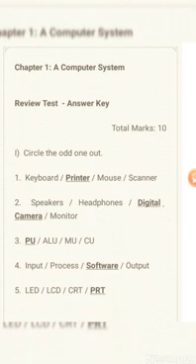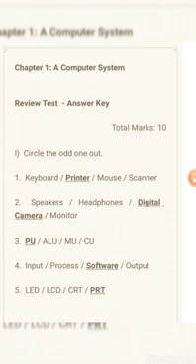Question number 4, input, process, software, output. Here the odd one out is software because in an IPO cycle the computer works in a 3-step process where input is the first step, process is the second step and output is the third step.